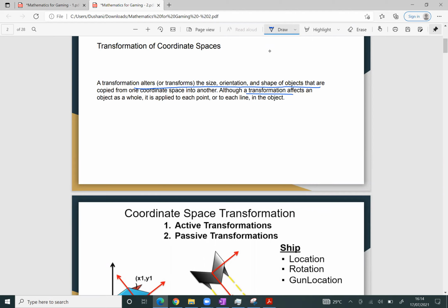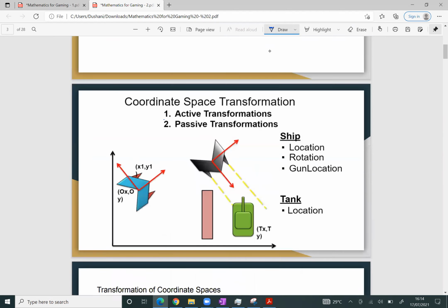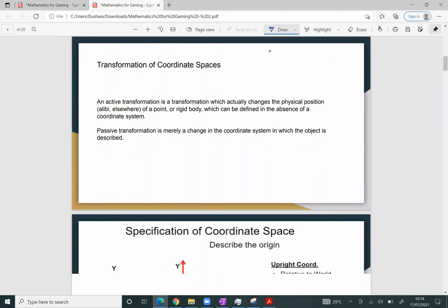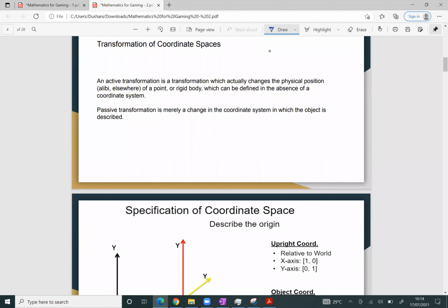There are two ways in which you can do the transformation. You have active and passive transformations. In active transformation, it only changes the physical position of a point or rigid body, which can be defined in the absence of a coordinate system.